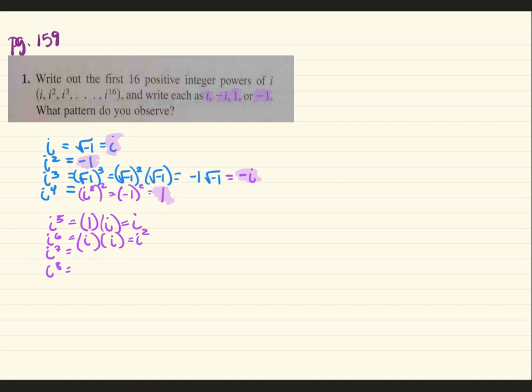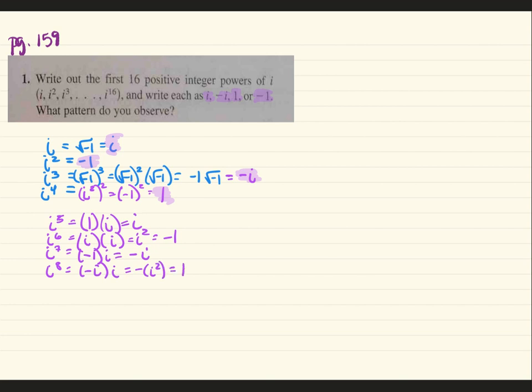And that's the same thing as I squared. And we know I squared is negative 1. So I to the 7th, we'll take our negative 1 and multiply it by I. So the previous one times I gets you to the next one. So that's negative I. So then we have negative I times I is negative I squared, which is positive 1.